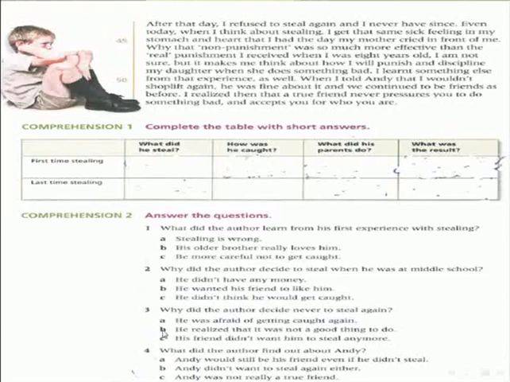It's B. He realizes that it was not a good thing to do. 4, what did the author find out about Andy? It's A. Andy would still be his friend even if he didn't steal.